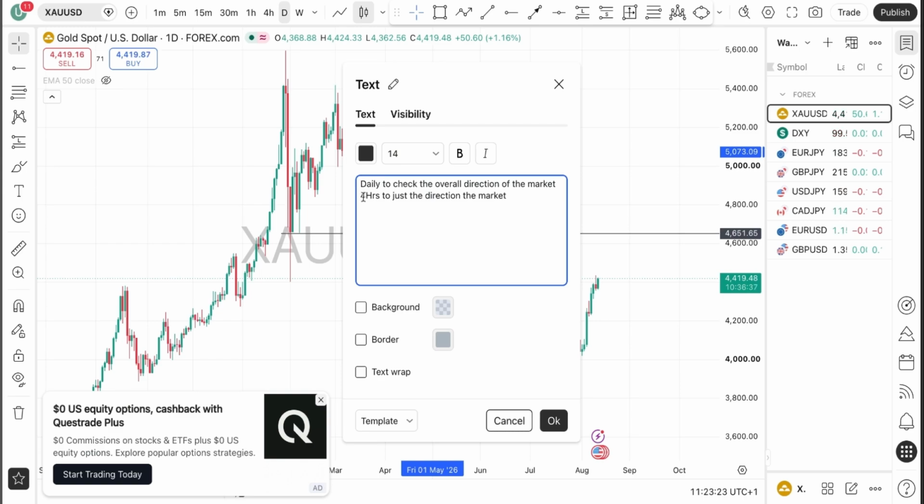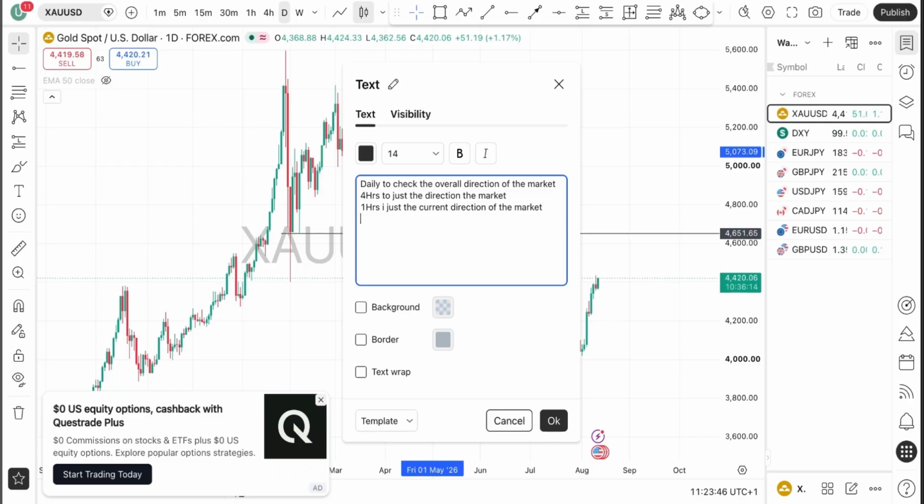Because I'm a day trader, I usually pay more attention to 4 hours. Then 1 hour, and because this is gold, on 1 hour I just check the current direction of the market.